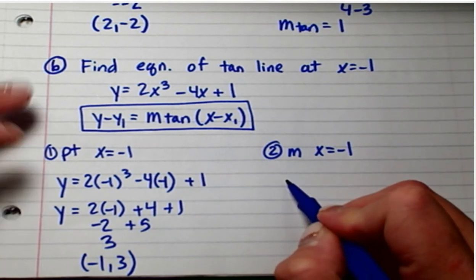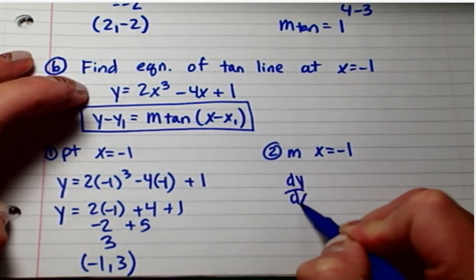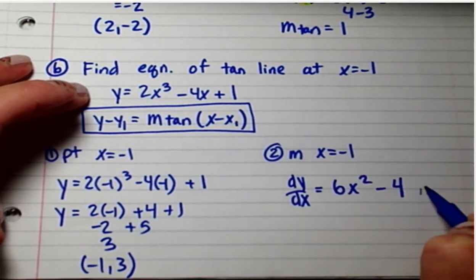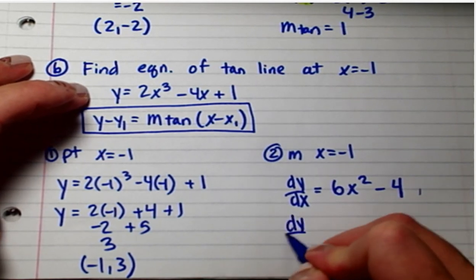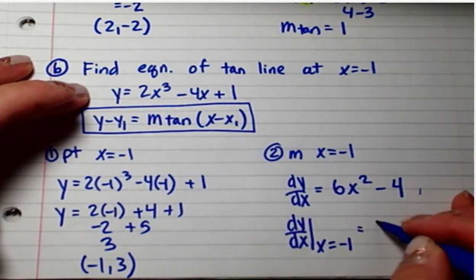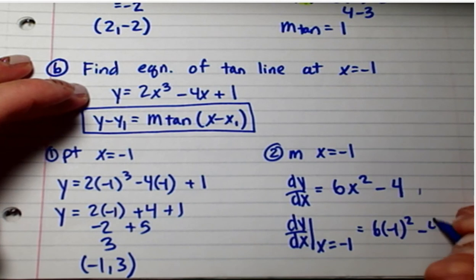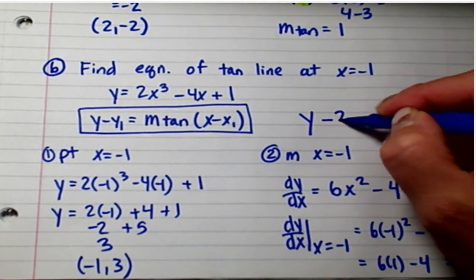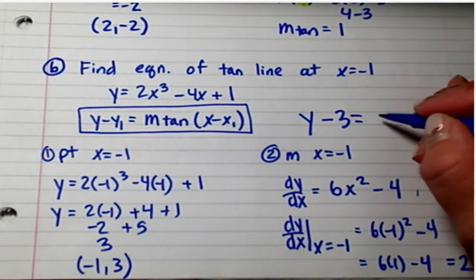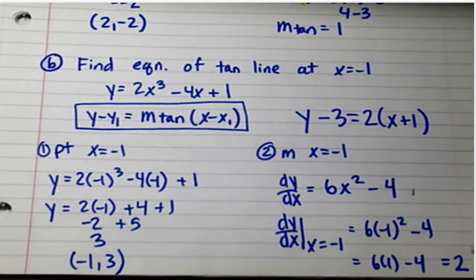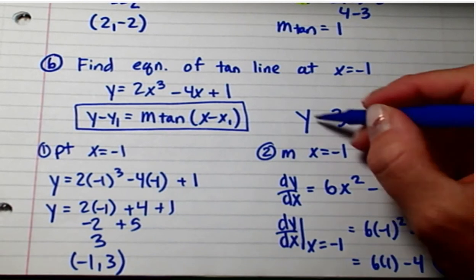In order to find slope, we need the derivative. Okay. 6x squared minus 4, and then the 1 turns to 0. But we need the tangent slope, which means we plug in -1. Which is 2. Yeah, you're good. Okay. Right, so I use my point and my slope. Here you go.